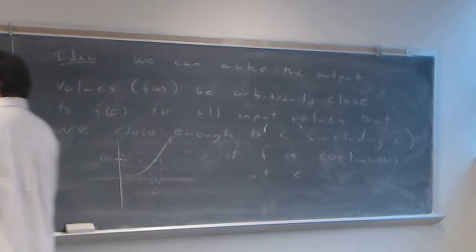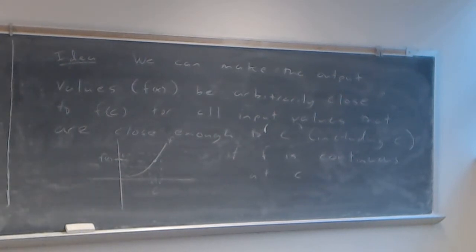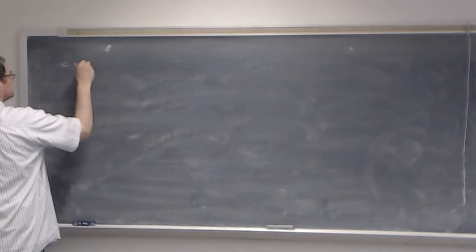Okay. Well, let's look at an example. The example here that I'm going to give is going to be reminiscent of examples for limits. They're going to look very similar. Example.